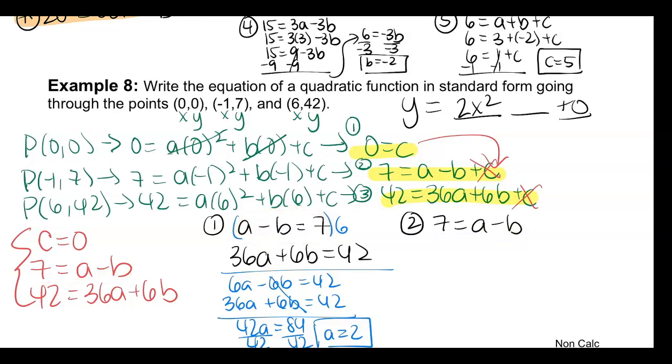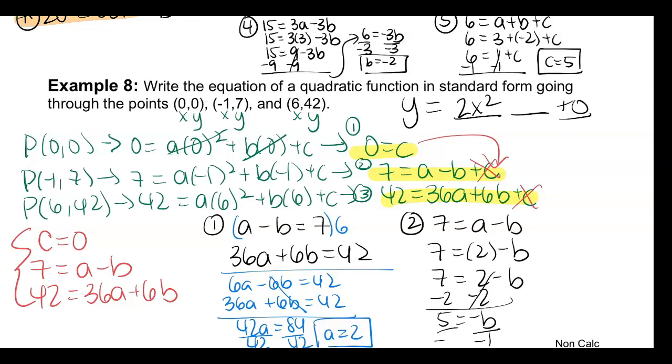It won't affect your answer though. So 7 equals 2 minus b. I'm going to subtract the 2 on each side. So 5 equals negative b. And then I'll divide both sides by negative 1. b is equal to negative 5.